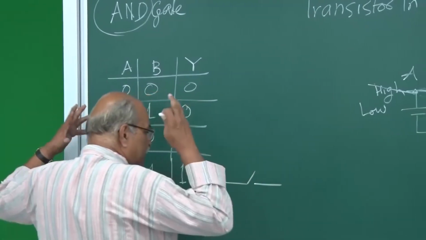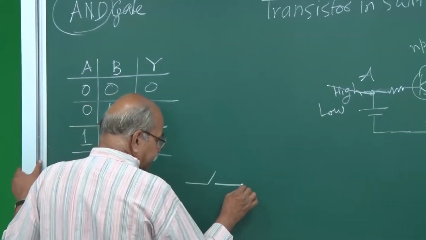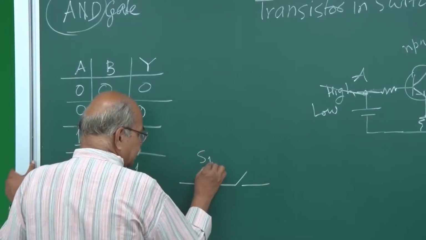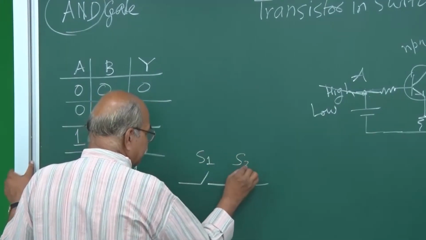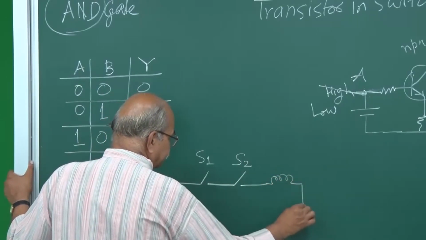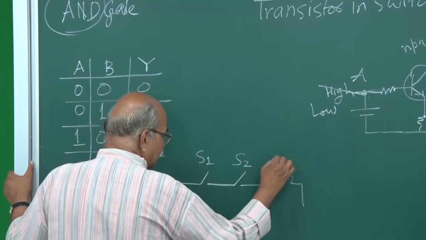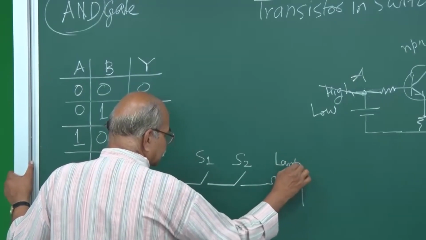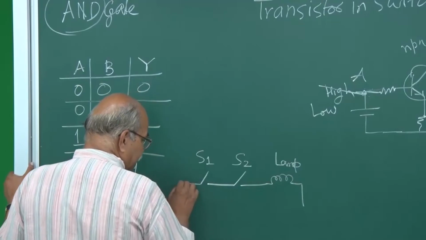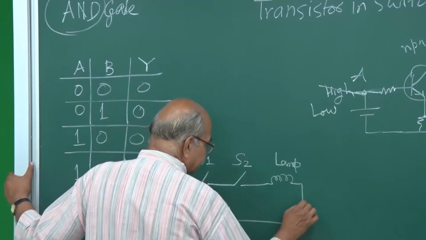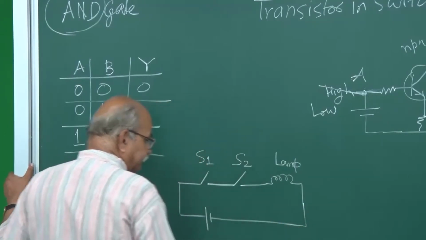Just to conceive the idea of AND, you can have 2 switches as inputs, and then a lamp as the output, and an appropriate battery or power source.